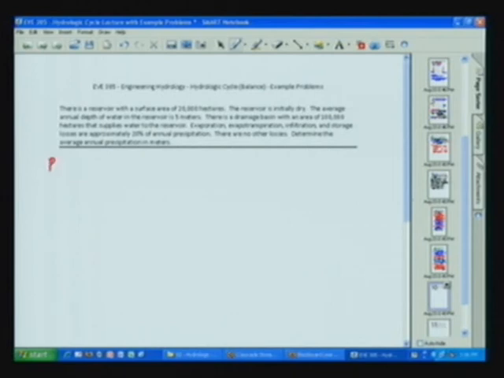So the reservoir surface area is 20,000 hectares. Again, those metric acres. We're calling that 100 hectares is a single kilometer squared. And that means that this then is 200 square kilometers. Okay.